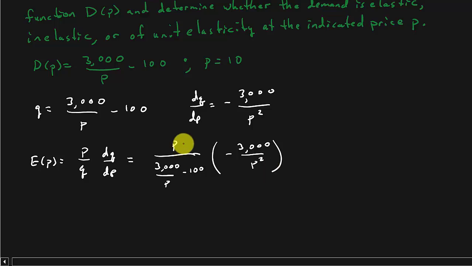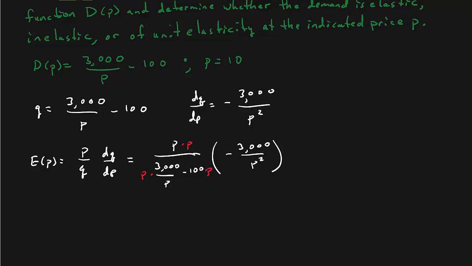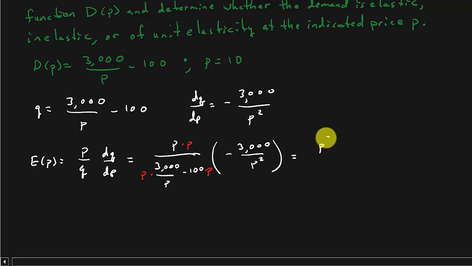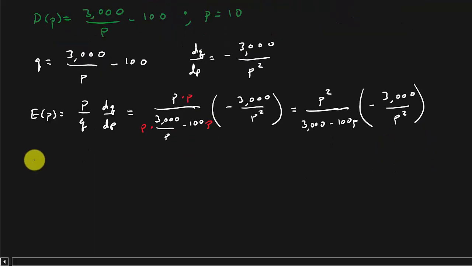Basically, we can multiply each one of these terms by P. See that? And so that's going to give me P squared over 3,000 minus 100P times -3,000 over P squared. And so this is going to give us, see how the P squareds cancel? That's going to be, what is that?